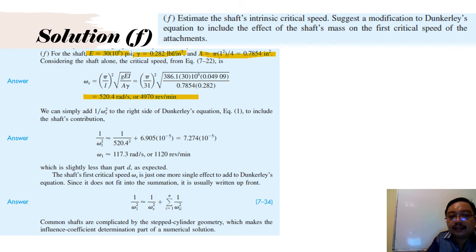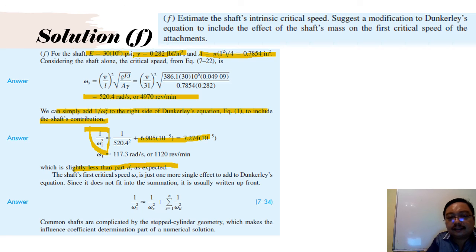We can simply add 1 over w squared to the right side of the Dunkerley equation to include the shaft contribution. You just put the result here, 520.4, and you get a value less than part D as expected.